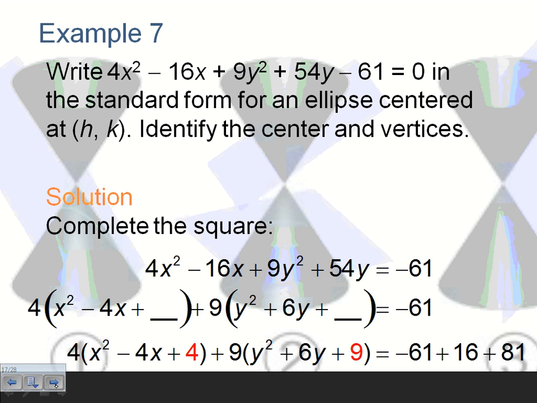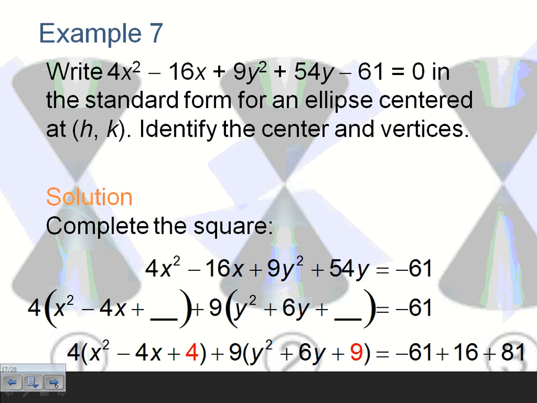So now, let's write this long equation in the standard form for an ellipse centered at h, comma k. Identify the center and the vertices. So we know that we need to get 1 somehow.